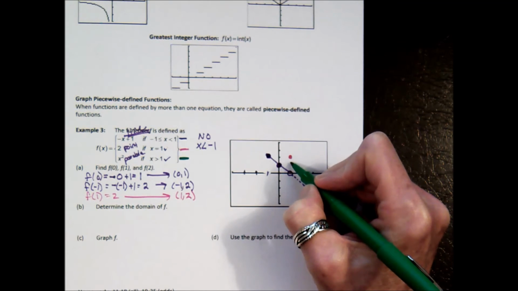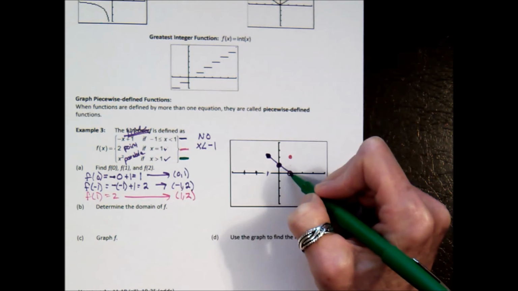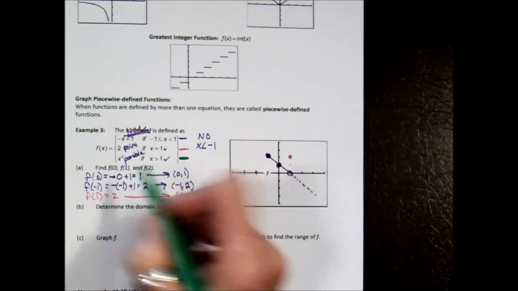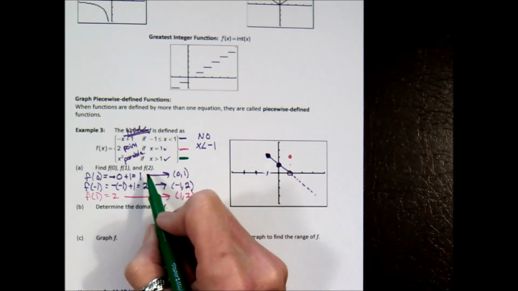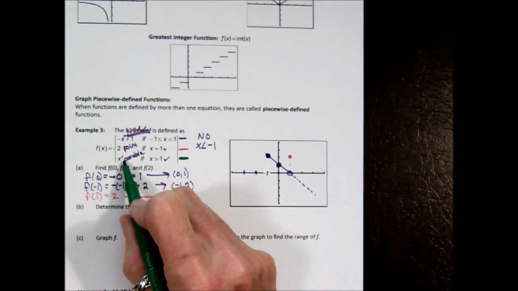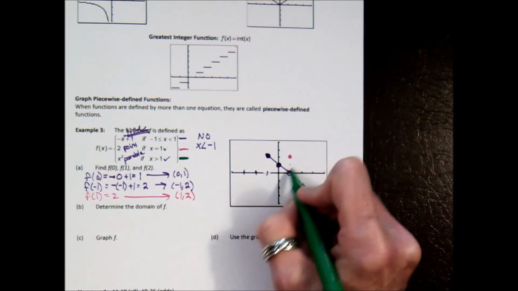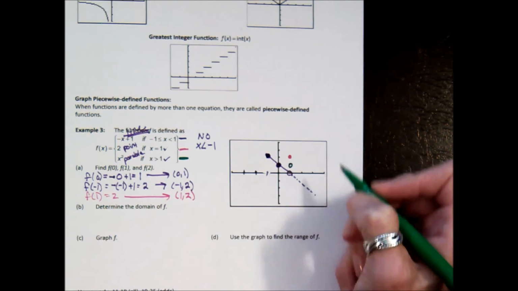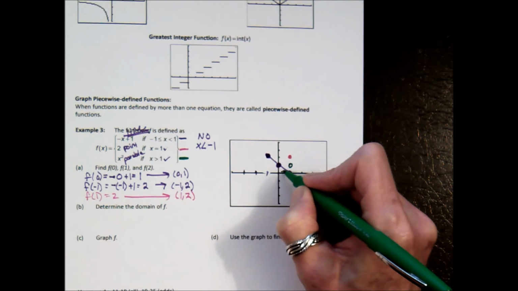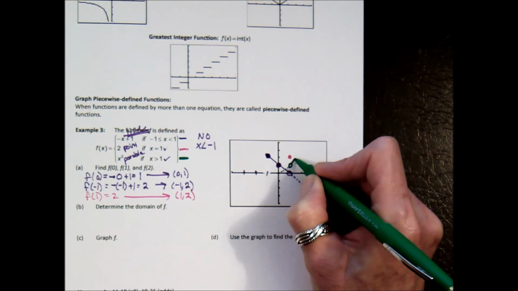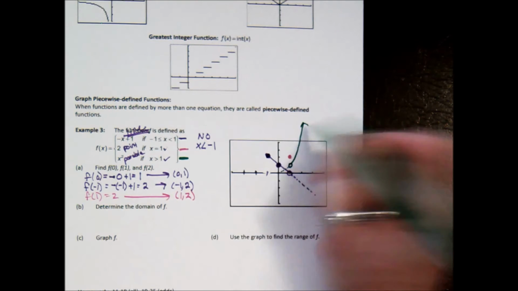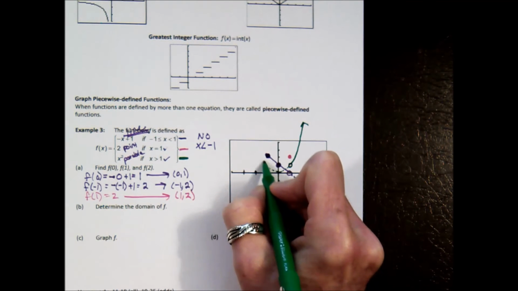Now it can be anything greater than 1. So if x was 1 and it really was the parabola, it would be 1 squared, it would be 1, 1. But I can't have that. There's a hole there. So it's like the parabola goes up to here and then it continues. I can't have it on this side.